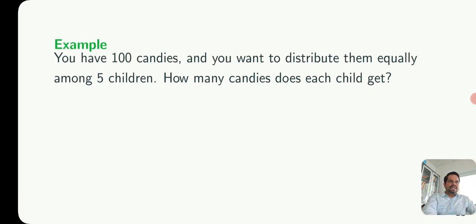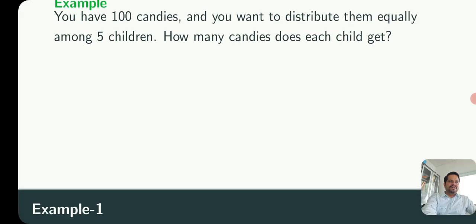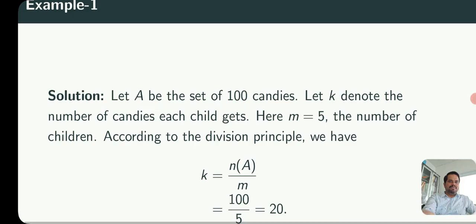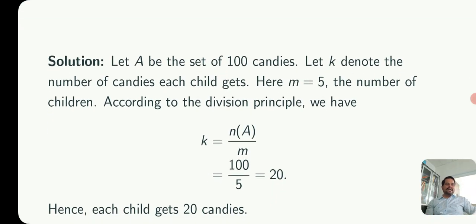Since there are 5 children, we have m is equal to 5. According to the division principle, K is equal to n of A by m, and we get the answer: each child gets 20 candies.